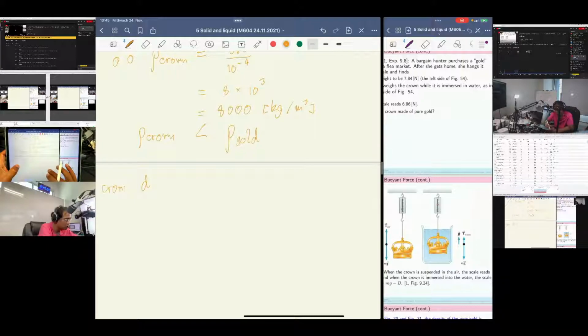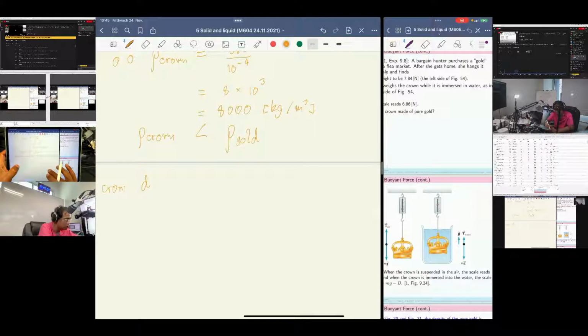So we get a conclusion like this: the density of this object is not exactly the same value as the pure gold density, measured in the experimental room by the physicists.